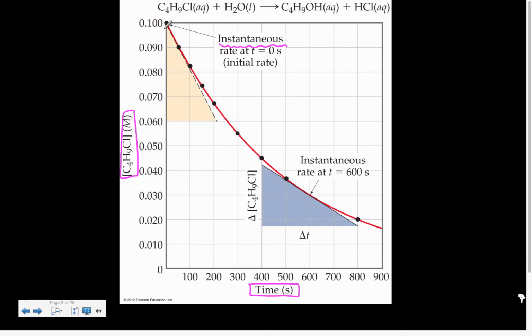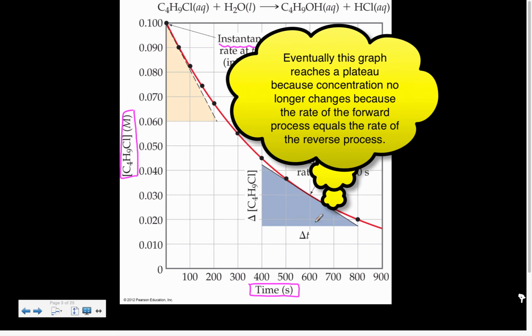If we take a look at this graph of concentration versus time, we'll see that this holds true for most reactions. What happens to the slope of that tangent over time? The slope of the tangent decreases, because over time, for most processes, the rate also decreases.